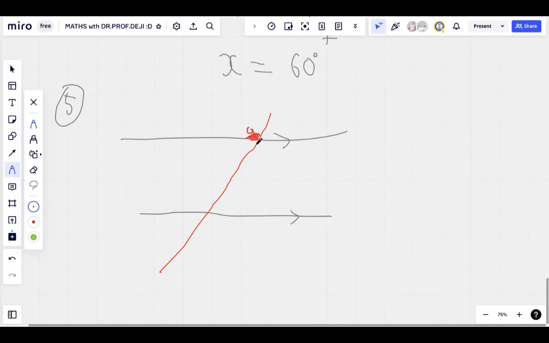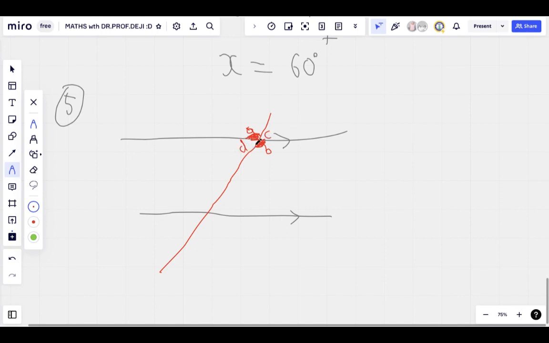This place, like we agreed already, is vertically opposite to this place, B. A and B are vertically opposite to each other. Similarly, here, let's say here is C and D. C and D are vertically opposite to each other.